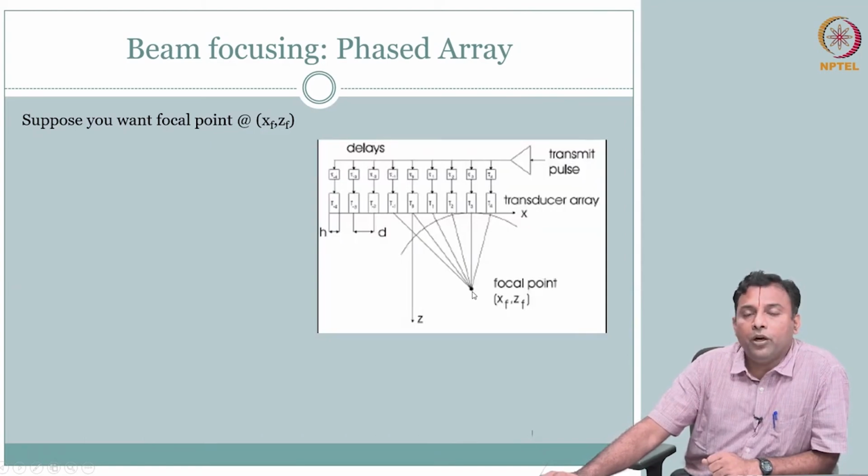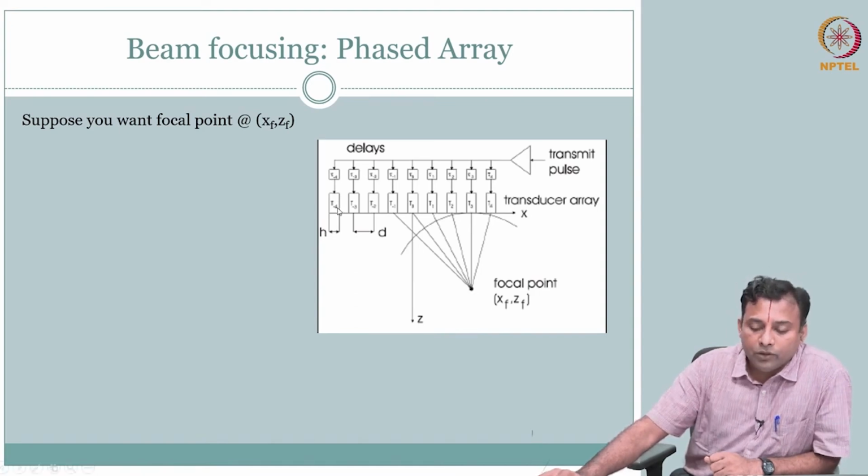Take a point where you want to focus, arbitrary, some xf comma zf, this is your imaging plane, xz is your imaging plane, you have your point. So now the objective of focus is I want all the waves to come at the same time coherently at this location, right.